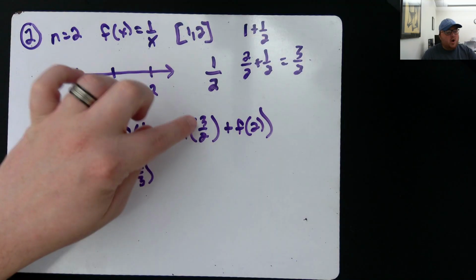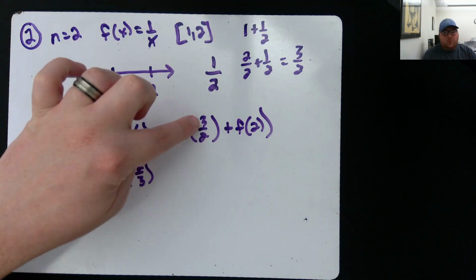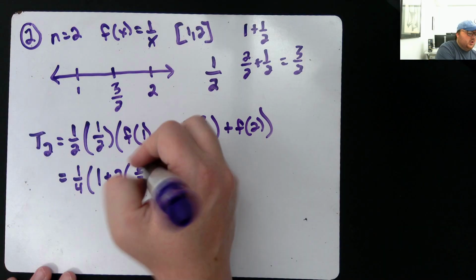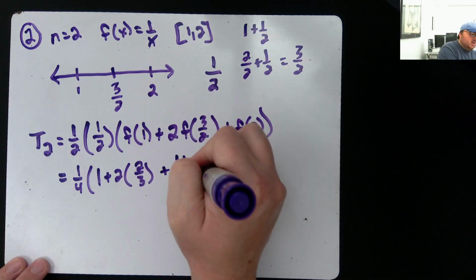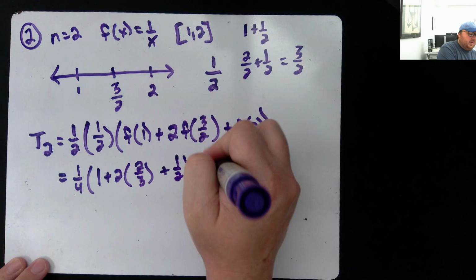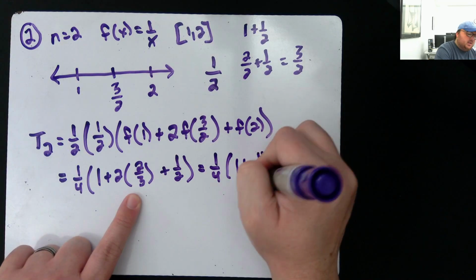Plus f of 2, plug in a 2, you get 1/2. So that'd be 1/4 times, this is still just 1, plus 2 times 2/3 is 4/3, plus 1/2.